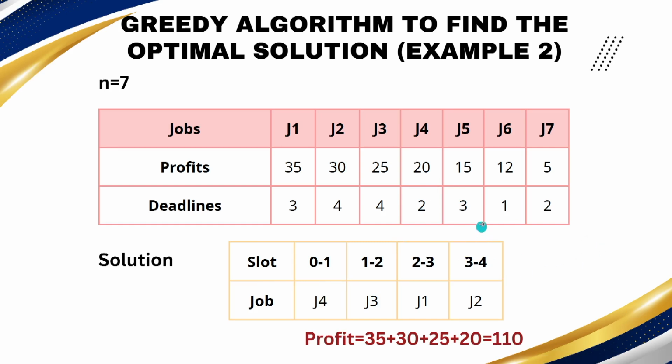Next we move on to job 5. Job 5's deadline is 3 o'clock, we have only one machine, and by that time the machine is occupied. Job 6's deadline is 1 o'clock, but by that time also the machine is occupied, and we have one other job whose deadline is 2 o'clock, but by that time also the machine is occupied. So, all those 3 jobs can never be a part of our schedule, because they are not non-conflicting, right.